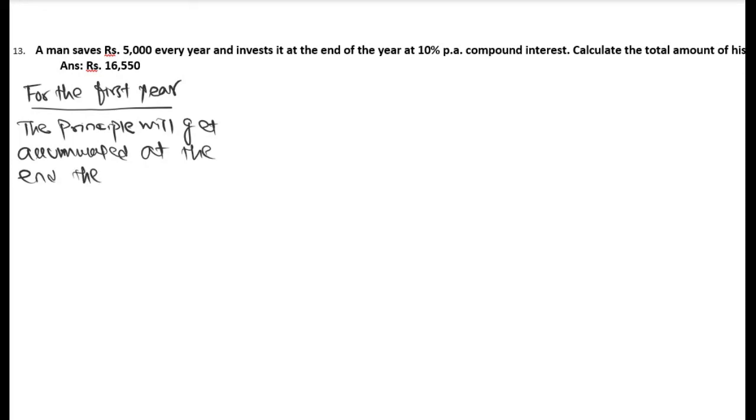Sorry for the spelling mistake. Remember how I'm writing. Keep in mind the method with which I'm writing. The principal will get accumulated at the end of the year.